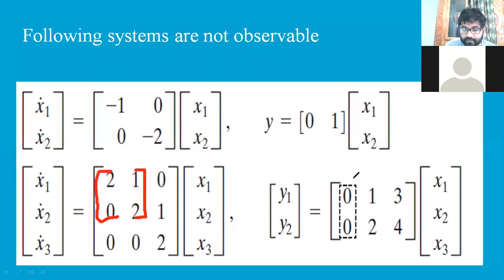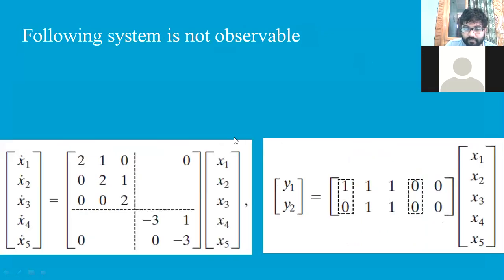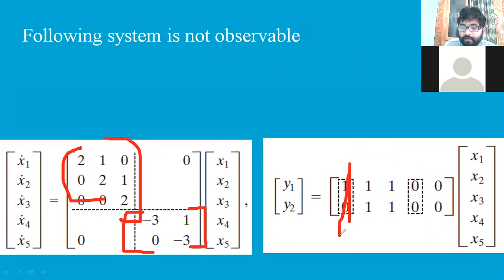The first column corresponding to the first row of the Jordan block is zeros. This is also a case with a first Jordan block and a second Jordan block. The first column of the first Jordan block is non-zero, it is perfect. But observe the second Jordan block's first column.